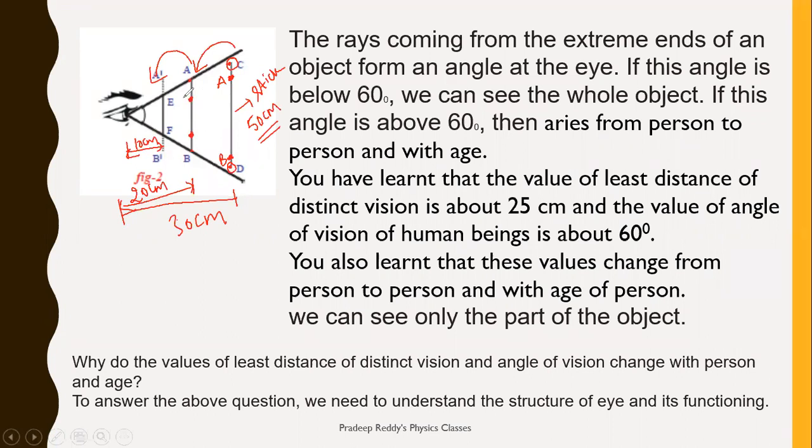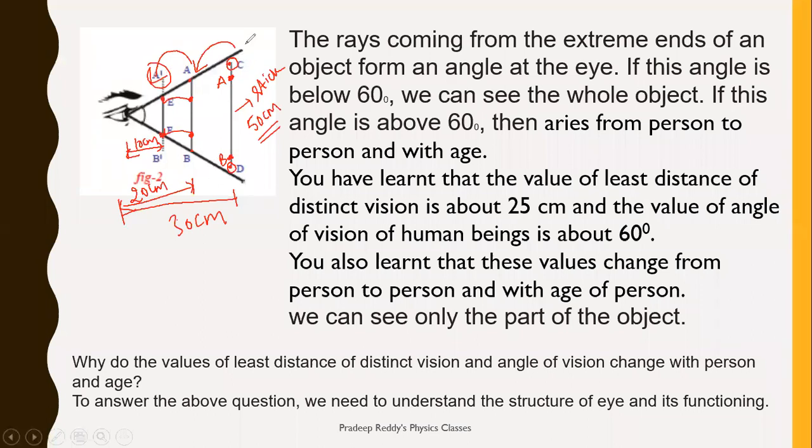So this position is E, and this position is F. And this A dash you are unable to view. This is left out from your angle of vision. A dash is now outside the angle of vision. C is also outside the angle of vision, right?